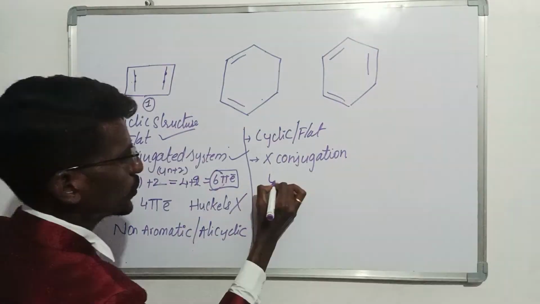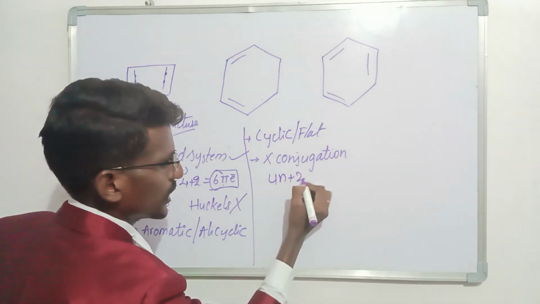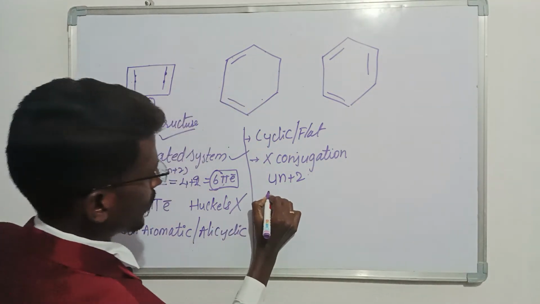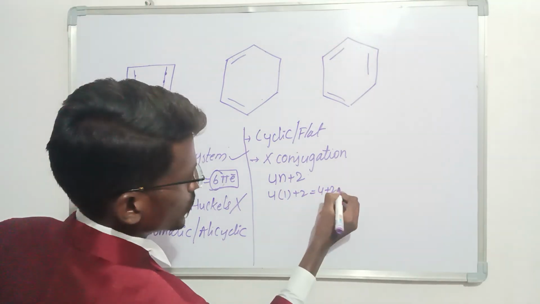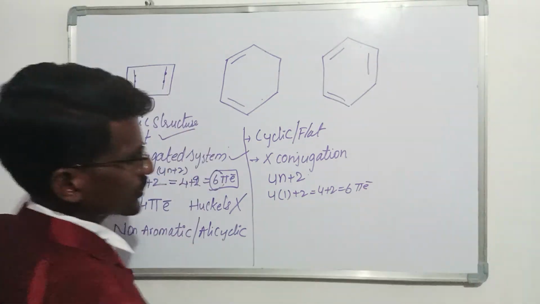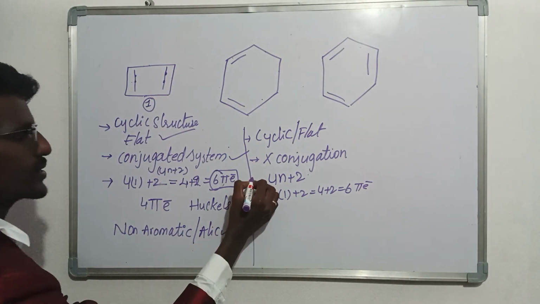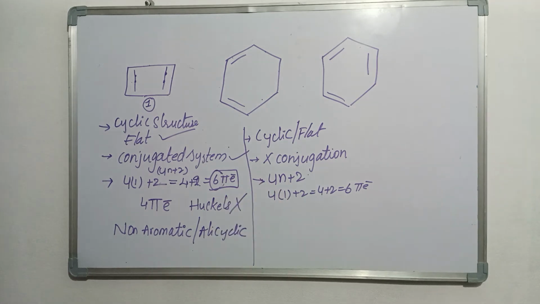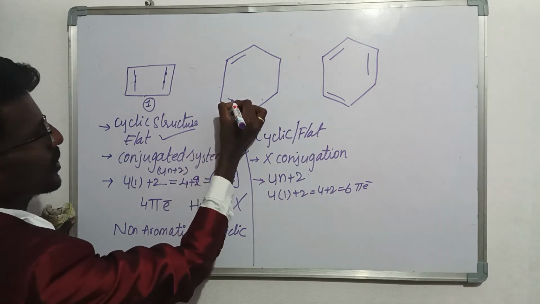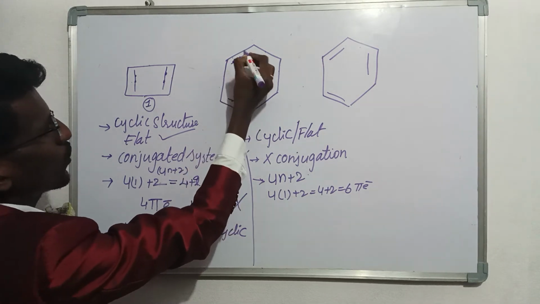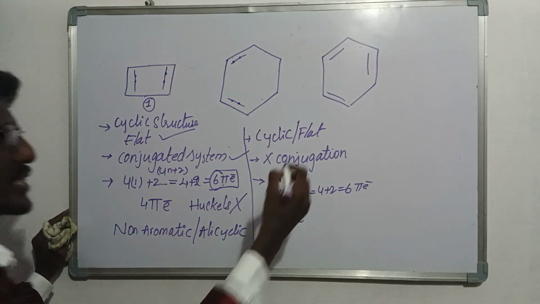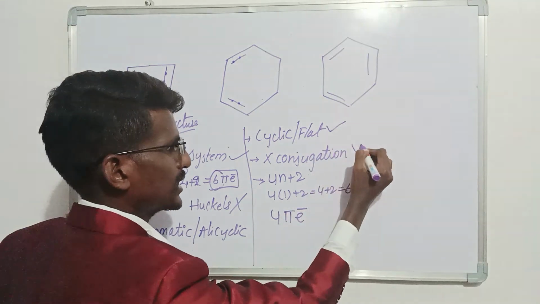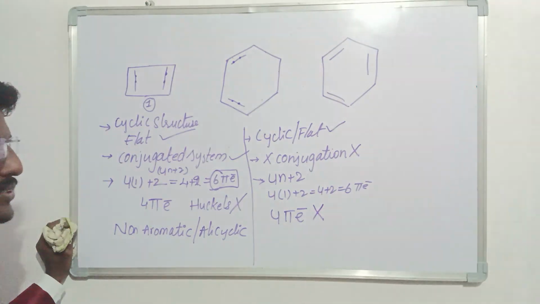And 4n plus 2 electrons: only one ring, so 4 plus 2 equals 6 pi electrons. If it has 6 pi electrons, it may satisfy the rule. But when we count, 1, 2, 3, 4, it has only 4 pi electrons, so it does not satisfy this rule.